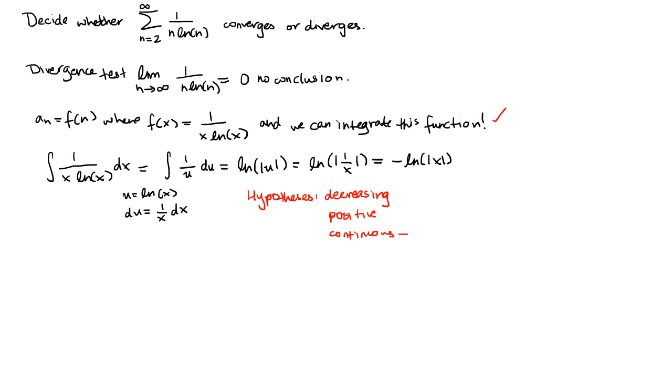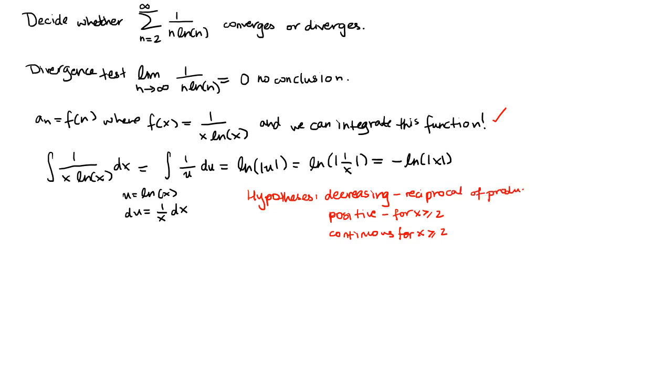All right, we are continuous as long as x is greater than 1, right? So we're continuous for x greater than or equal to 2. We are positive, right? And we're definitely decreasing because we're the reciprocal of a product of increasing functions.